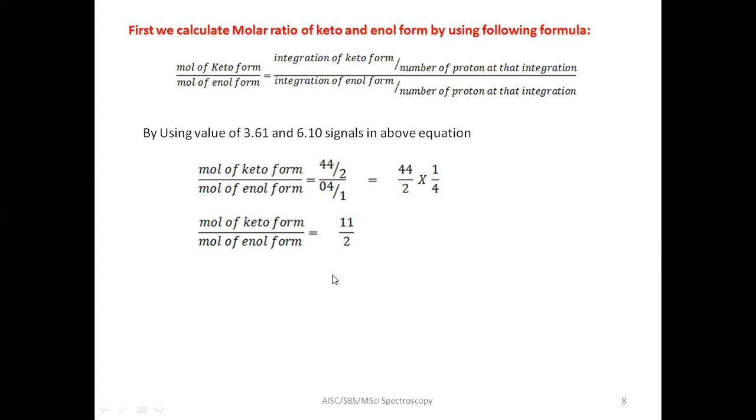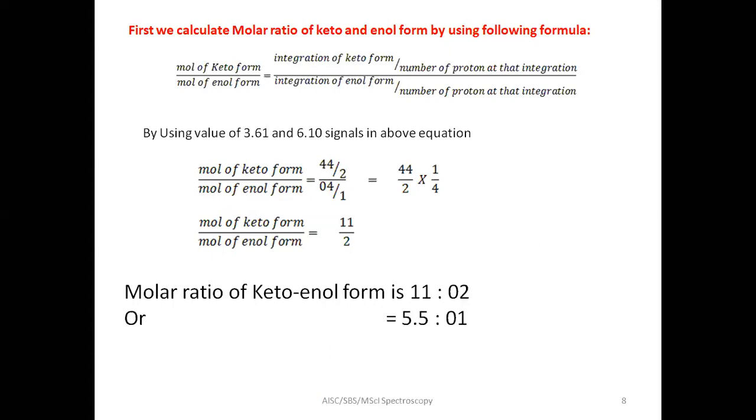Therefore the mole ratio becomes 11 to 2, or we can write 5.5 to 1. That is the mole ratio. The total of the mole ratio, 11 plus 2, becomes 13, which corresponds to 100%.